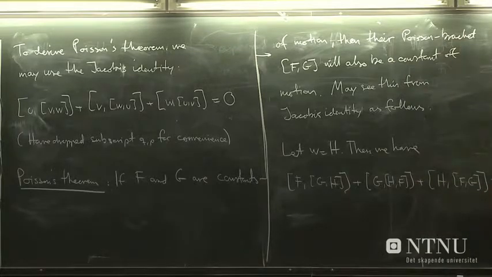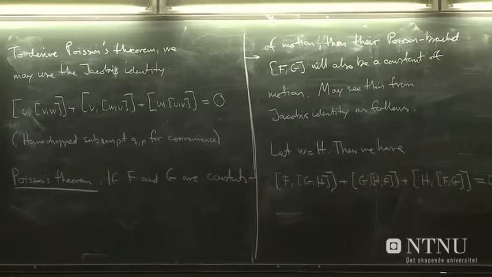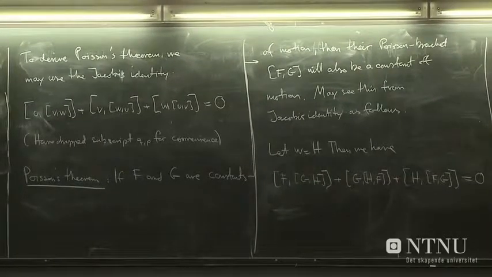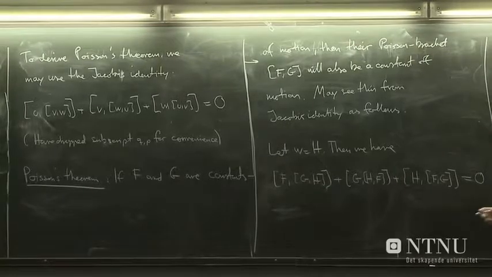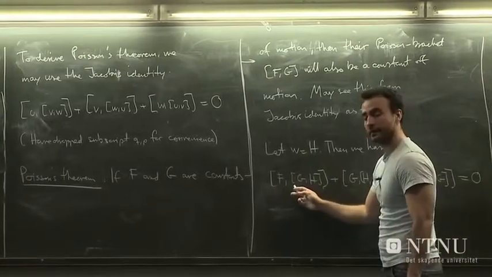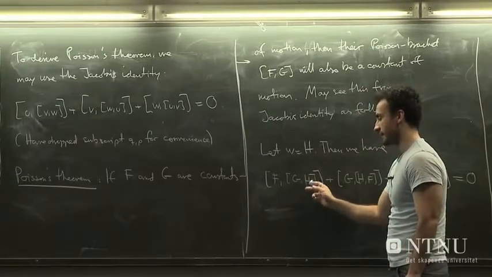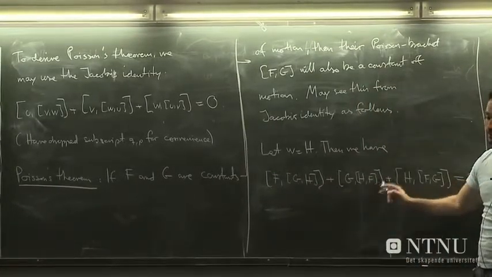This brings me to the following equation. Now, by stating that f and g are constants of motion, we know that the Poisson bracket of g and h and f separately have to be 0.